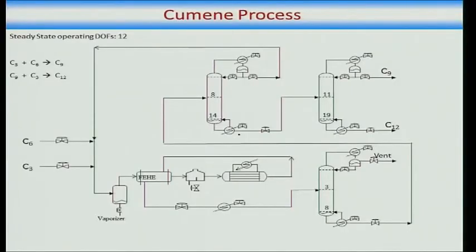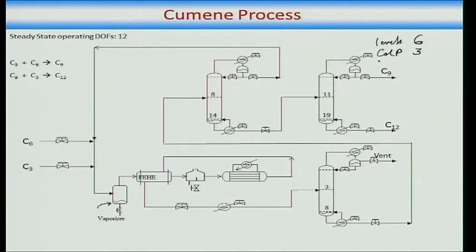Now if I look at the levels, the columns have got 6 drums, the columns have got 6 levels, and these have no steady state impact. Also, I would like to operate the columns at the given pressures. So, 3 column pressures which are given, 6 plus 3 is 9. Is there anything else? Yeah, there is a vaporizer level here, this level out here, this also is just a surge level, it has got no steady state relevance.